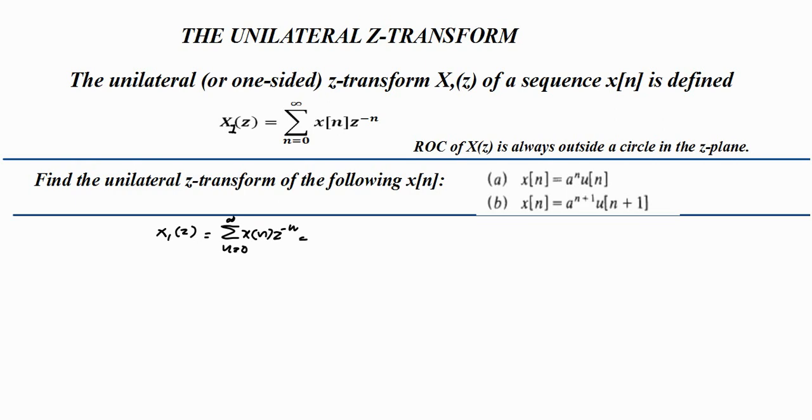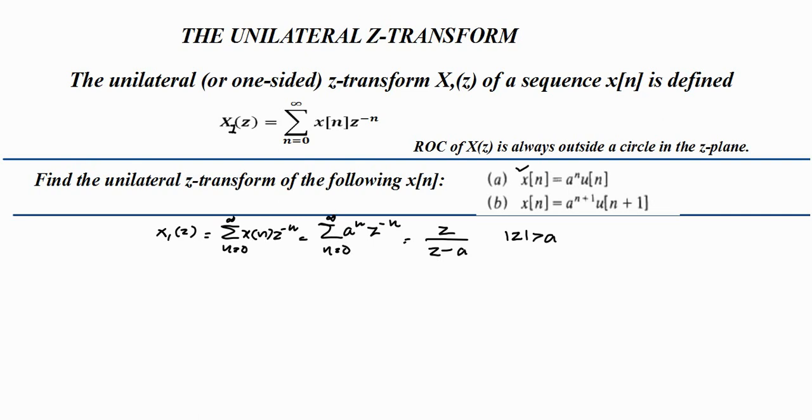If you take the first signal, a raised to n into u of n, the sum runs from n equal to 0 to infinity of a raised to n, and u of n is equal to 1 for this limit, so we can write z raised to minus n. After simplification you will get z by z minus a, and the ROC is modulus of z greater than a.